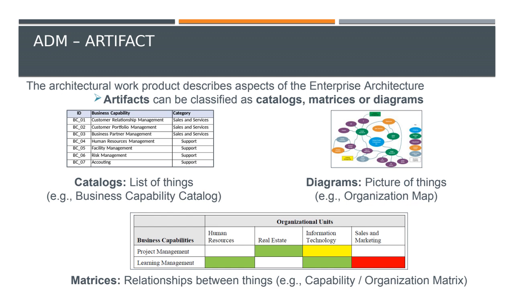Your artifacts can be classified as catalog, matrix and diagrams. Here you have list of things such as business capability catalog here on the left. These are all your documentations. You can also use diagrams, tables, you show the relations, and so on.